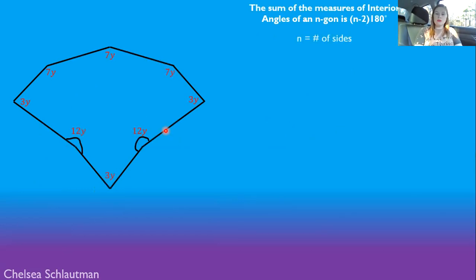So we're going to use that formula to find the different angle degrees. Remember that n is equal to the number of sides. So we take the number of sides minus 2 multiplied by 180.